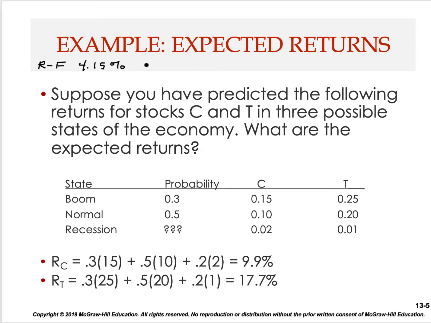Now, this is a review from chapter 12, right? So you should know this already. So what is the risk premium for stock C? Well, if you remember in chapter 12, we took the average return and we subtracted the risk-free rate. For stock C, our average return, or in this case, our expected return, is 9.9%.